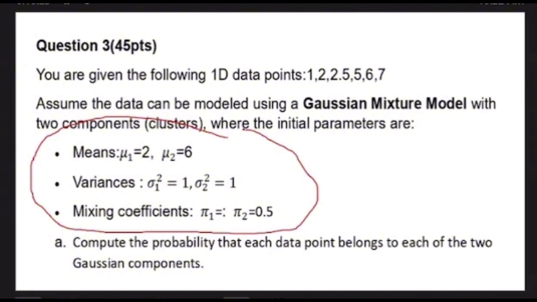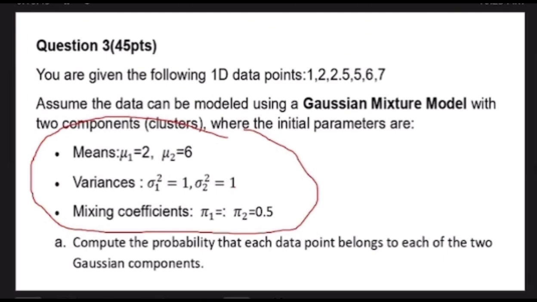We want to calculate the probability that a particular data point belongs to a particular cluster. A data point can belong to more than one cluster. Now, let's see how we're going to do it. We're going to use the expectation maximization algorithm.